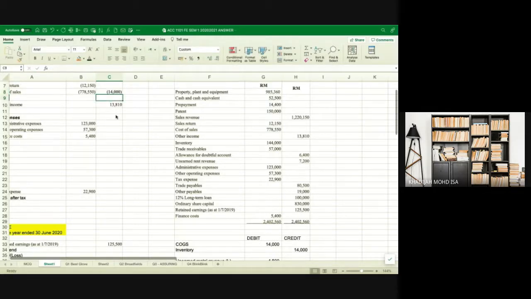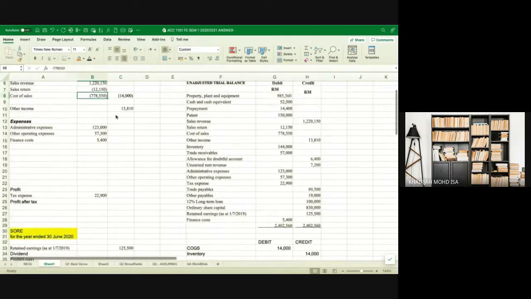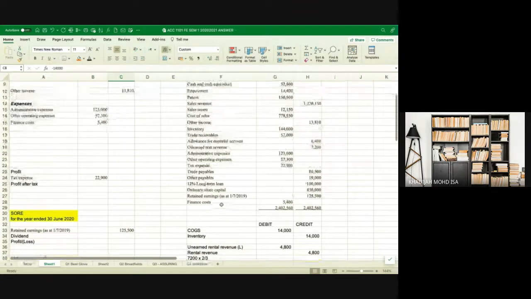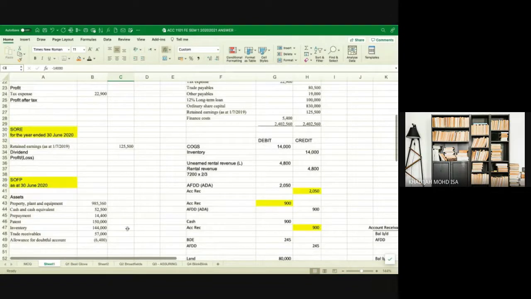Why you minus? Because cost of goods sold is a negative, it's an expense, so that's why you minus. And then what else? You credit your inventory. So when you credit your inventory, you just put here minus 14,000. Why you minus? Because it's a credit entry, means that it reduces your inventory.